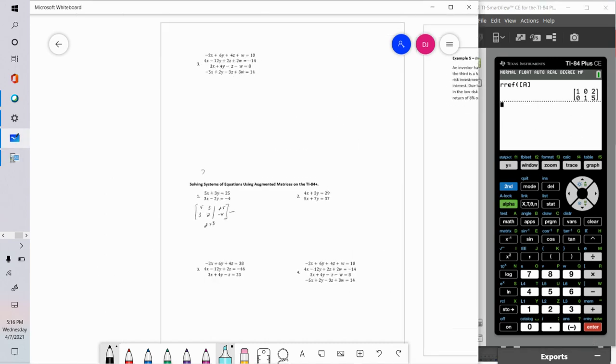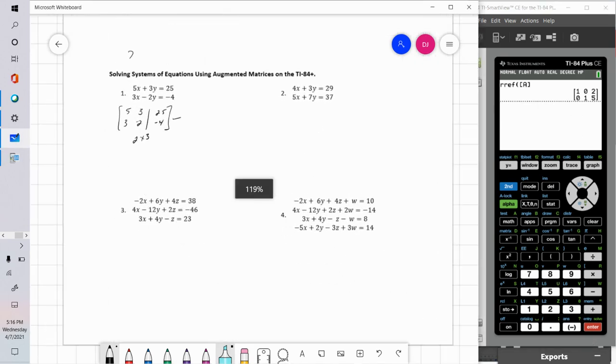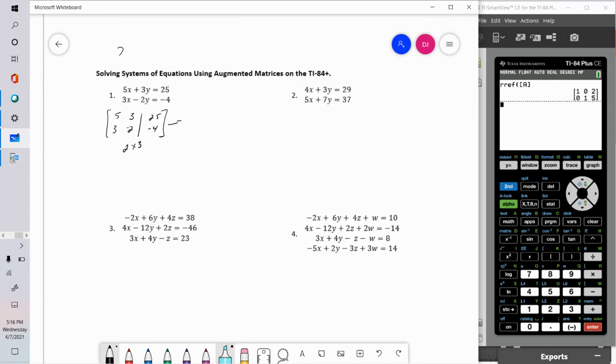Reduced row echelon form is 1, 0, 2, 0, 1, 5. X is 2, Y is 5. That's a lot easier. I don't know that I would use that for number 1. I'd probably use my algebraic methods.